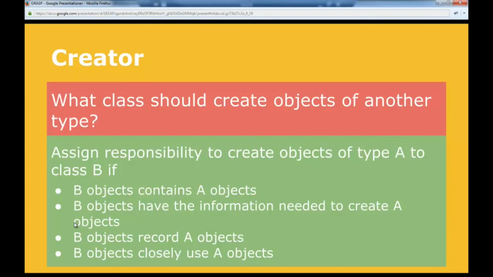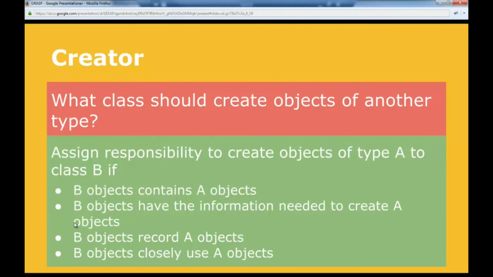And the deck has knowledge about the cards that are inside of it. So it is also the information expert in this sense. The second rule is something like the information expert, but related to object creation. So if you have some type that has the information that is needed to create the objects, maybe that class should be responsible for that.